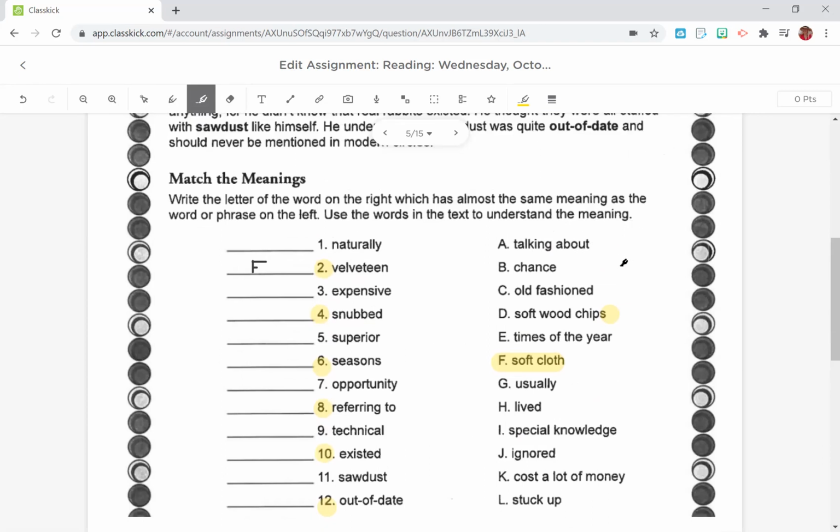So either talking about chance, old-fashioned, times of the year, usually they have special acknowledged, ignored. Ignored is what snubbed means. It means they stuck up their nose and looked away. J is the correct answer for 4.